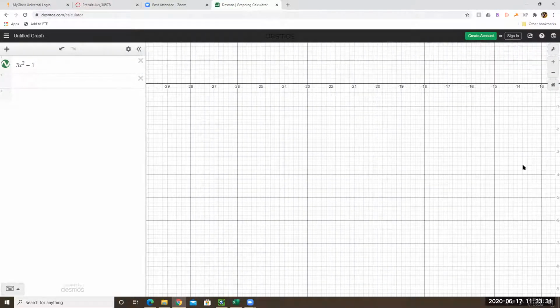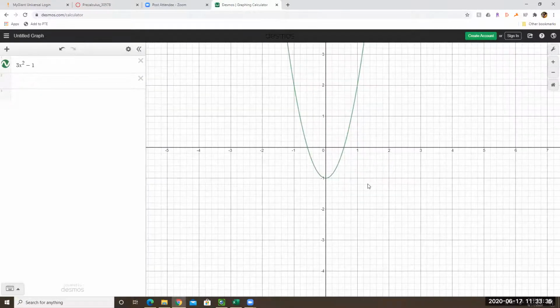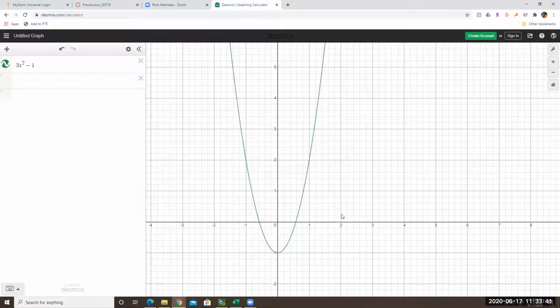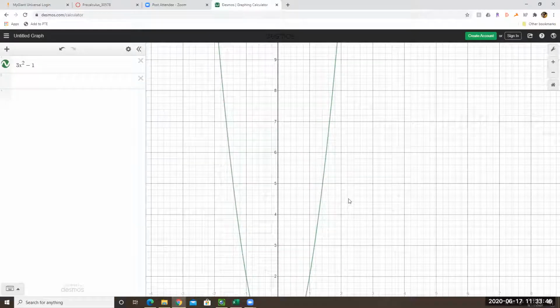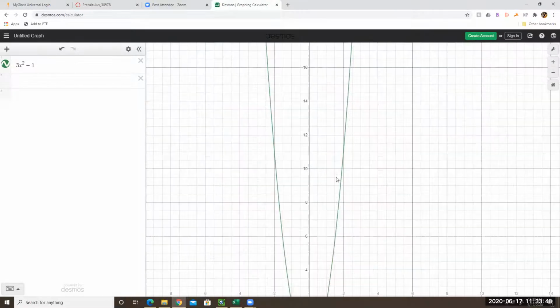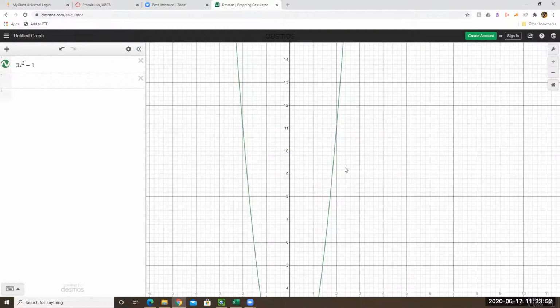There we go. Okay, 3x squared minus 1. And we wanted to look at the limit as x approaches 2. It might be helpful to zoom out some more. As x approaches 2, it seems like we are approaching 11. So that confirms that suspicion.